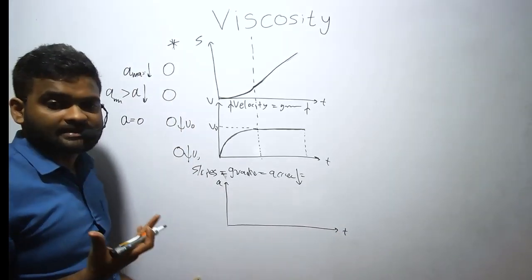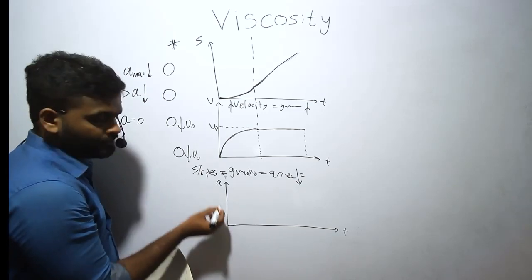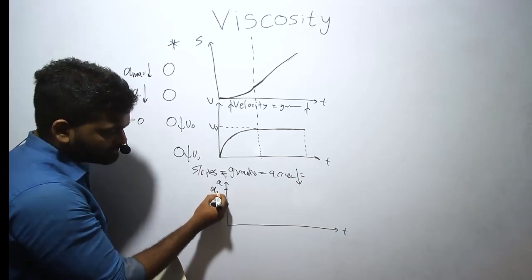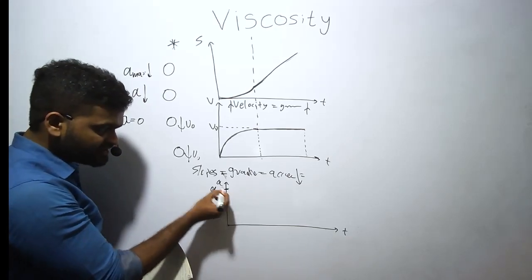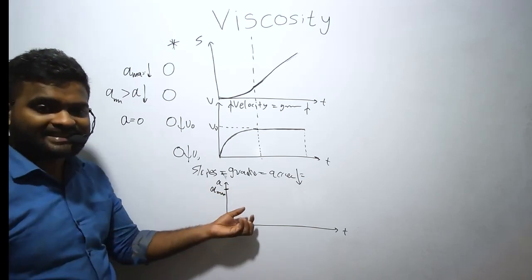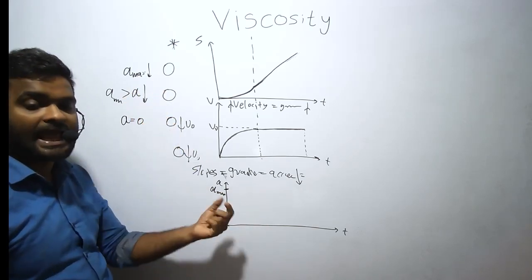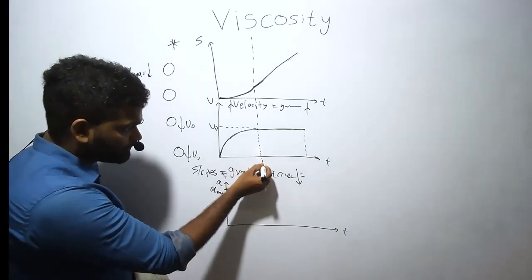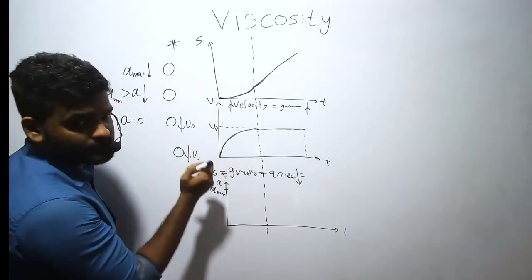So what happens to the acceleration? When time is 0, acceleration is maximum. Here acceleration is maximum, right? When time is 0, maximum acceleration. But with time, what happens? Acceleration decreases and becomes 0 as it gains the terminal velocity.